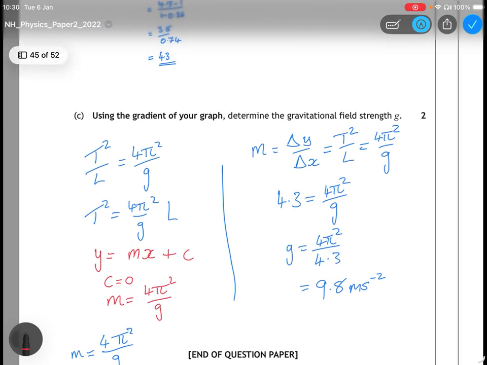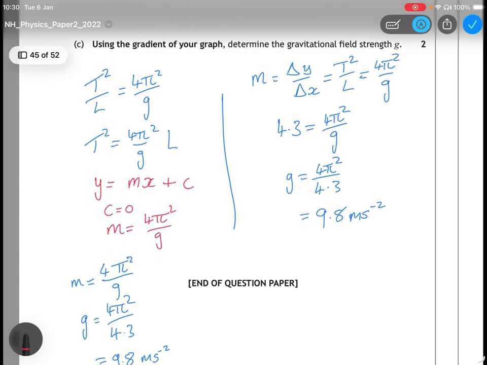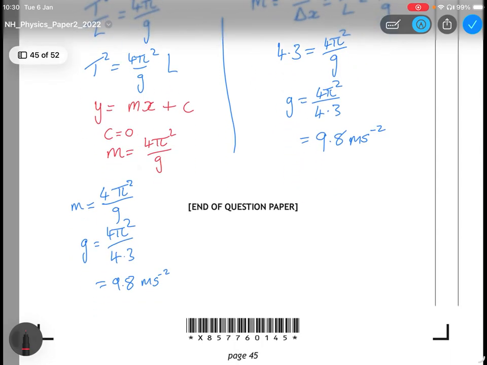The story is you've got the formula there, and I've rearranged it into y equals mx plus c. And we saw from the graph that my c was 0. So my y is t squared, my x is L, which means my gradient, look, is 4 pi squared over g, and that is really where you're picking up the story.